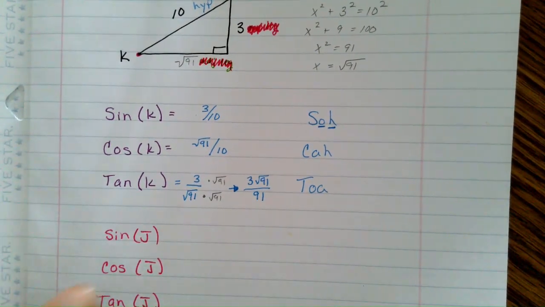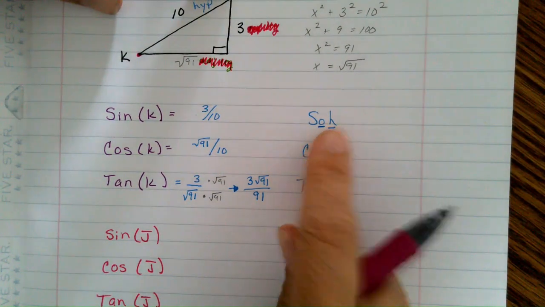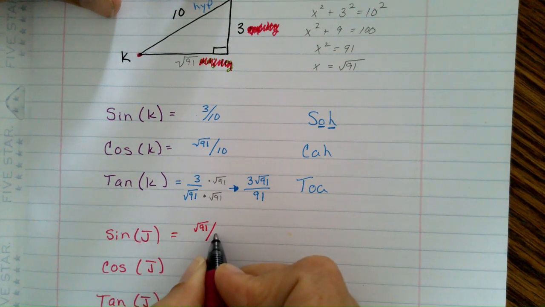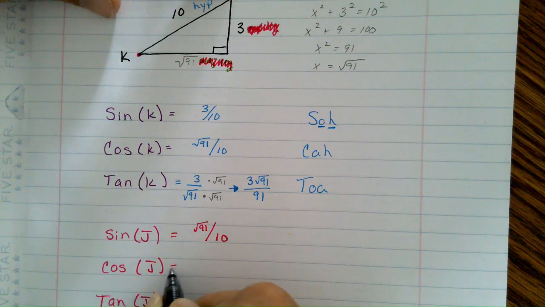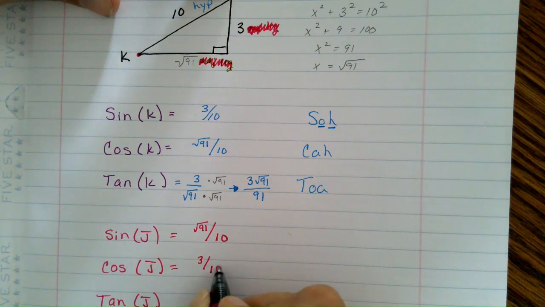Remember? So sine, that's opposite and hypotenuse. So what is opposite from j? The square root of 91. What's the hypotenuse? 10. Cosine, what leg is adjacent to j? 3. And the hypotenuse is 10. And what's opposite for the tangent and adjacent.